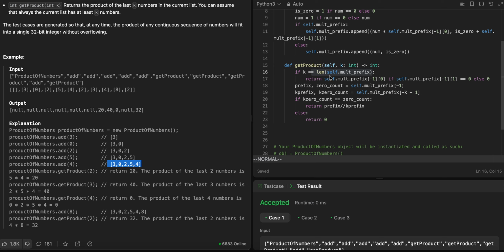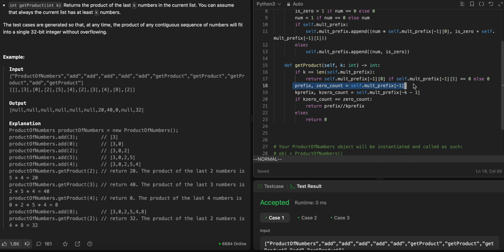So we need to check, does the whole prefix of the array have any zeros? If it doesn't have any zeros, return it, because the prefix is always going to be correct. Otherwise, just return a 0, because you're multiplying everything by 0 anyways. So this is just to handle the case where k is equal to the length of the prefix.